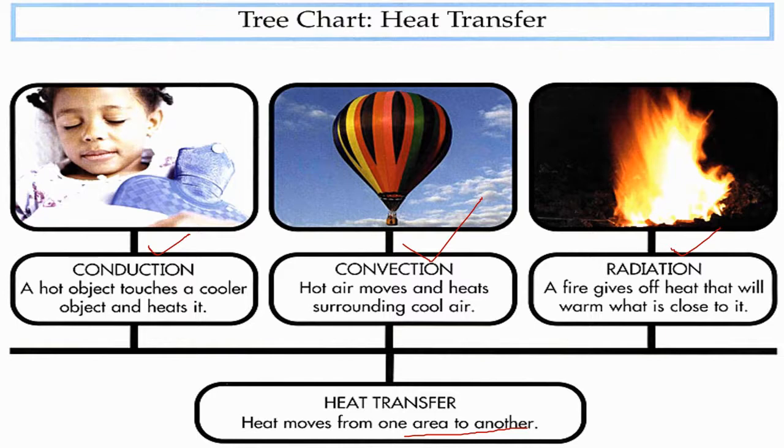The second one is convection. What do we understand by this term convection? Hot air moves and heats surrounding cool air. Now we can see a hot air balloon in the picture, right?